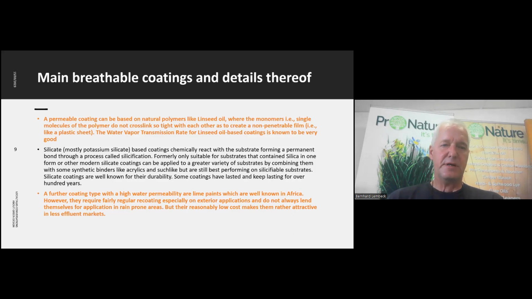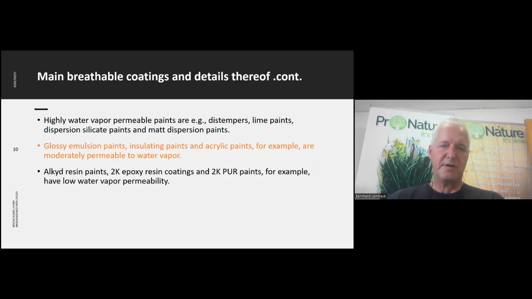So if we look at a little bit of the summary and look at the permeability of various coatings, we find that the distempers, which in fact would be yet again potentially a plant oil like linseed oil, combined with various fillers and so forth, the lime casein paints that were mentioned already, and the dispersion silicate paints, and potentially matte dispersion paints, whilst the latter really show the least of the high water permeability.